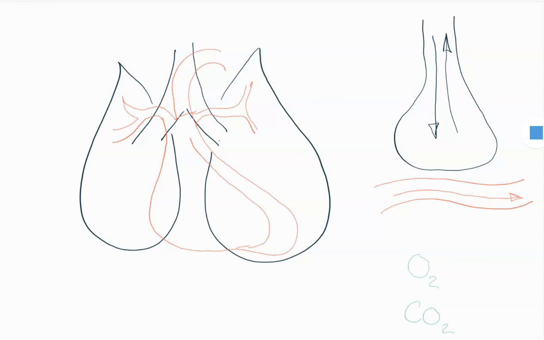But because of the high solubility of CO2, poor perfusion with normal ventilation will affect the PCO2 much less. In these situations, you get type 1 respiratory failure.